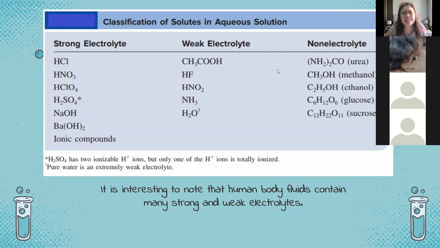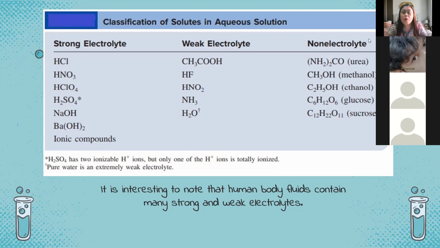Now itong nasa gitna, we call them weak electrolytes. Bakit weak? Kasi they will not completely ionize in water. So to clarify that, itong mga substances na ito, mag-a-ionize pa rin. Magkakaroon pa rin ng ion, especially if we dissolve them sa water.